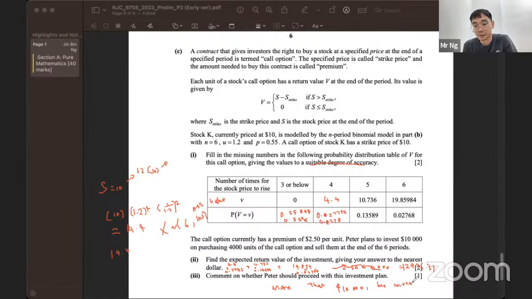So yes, okay, this one doesn't have the 1. First, just the return value of the investment. Return value. Yeah, so this is the return value, so we follow this.